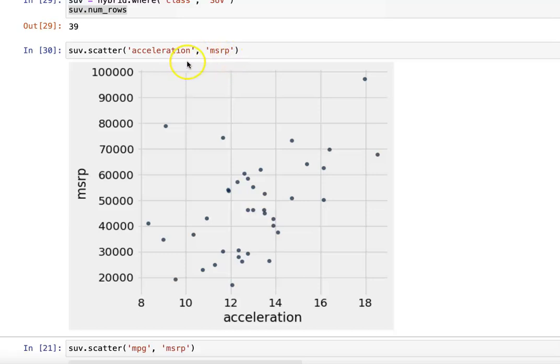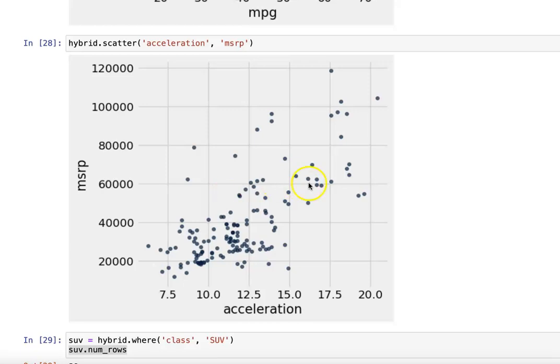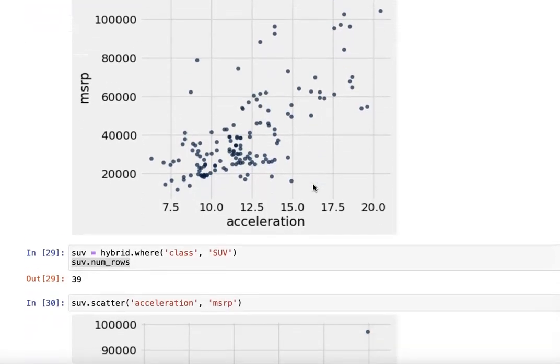So this MSRP and acceleration result is similar. No matter whether it's all the hybrid cars or only the SUVs, they both have a positive association.